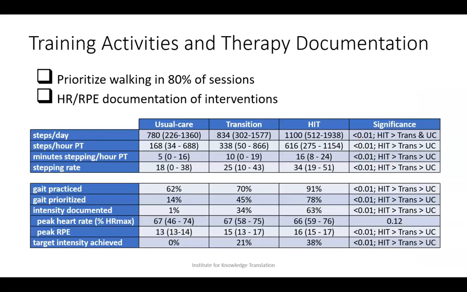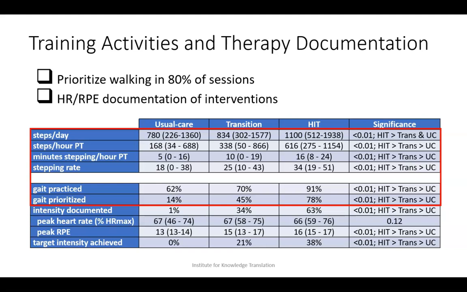So in terms of what was actually done during the therapy sessions, in terms of the amount of walking practice and the prioritization of walking practice, what you see here is that with only the exception of steps per day, where transition and usual care were not different from each other, in all other instances, the high-intensity gait training phase was significantly greater than the transition phase, which in turn was significantly different than the usual care phase.